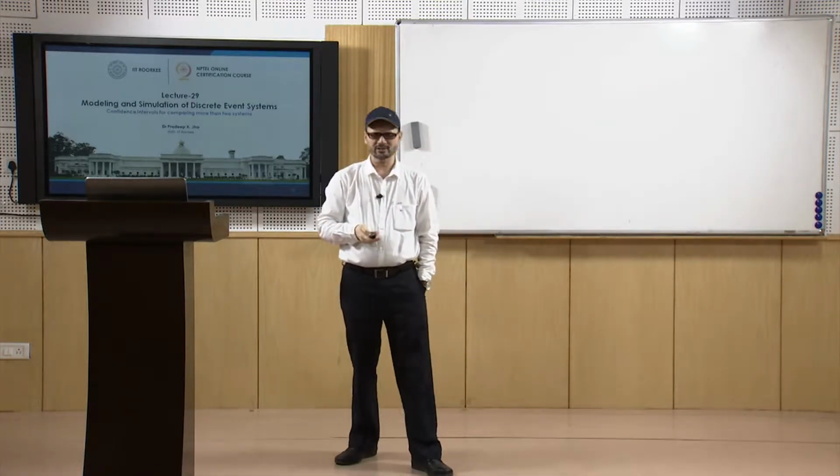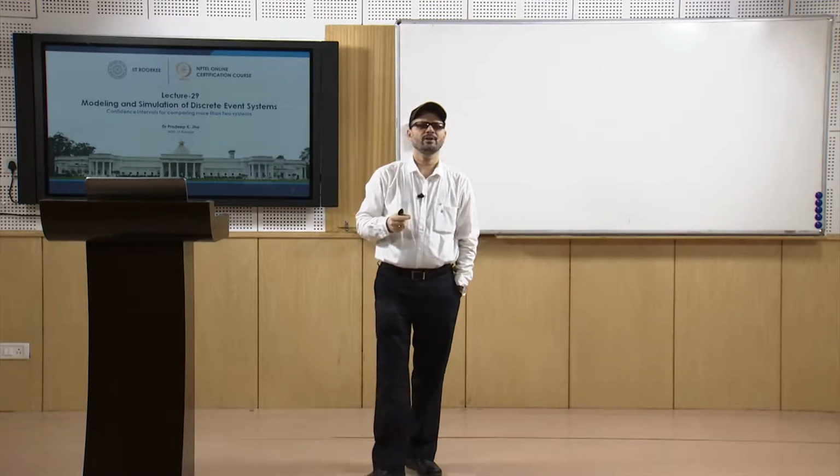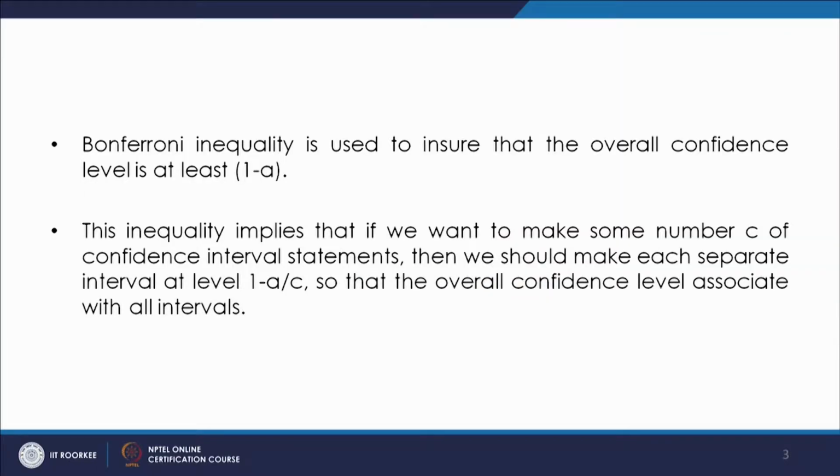That is basically suggested by the Bonferroni inequality, and it is used to ensure that the overall confidence level is at least 1 minus alpha. This inequality implies that if you want to make some number c of confidence interval statements, then we make each separate interval at level 1 minus alpha by c.